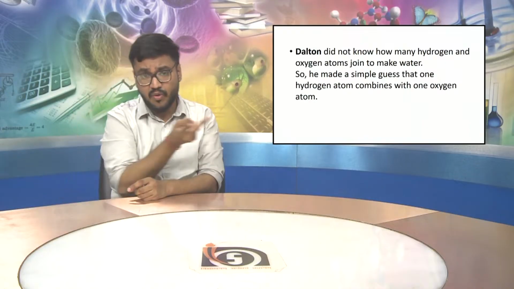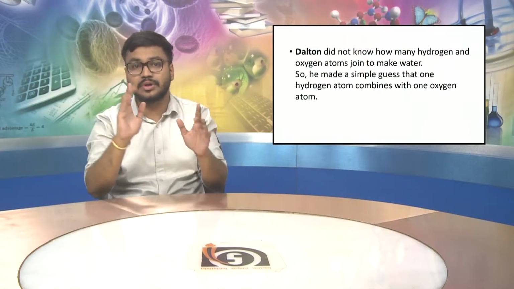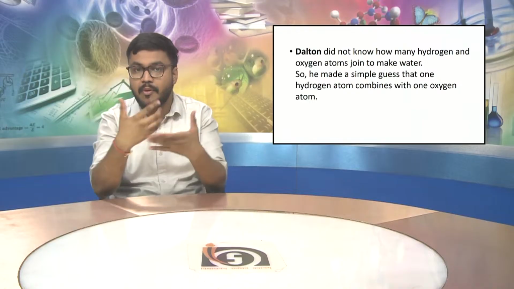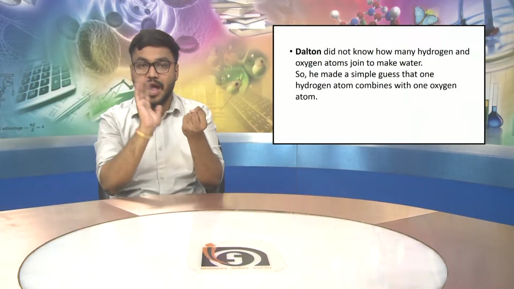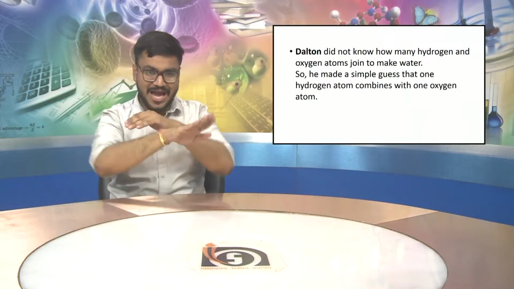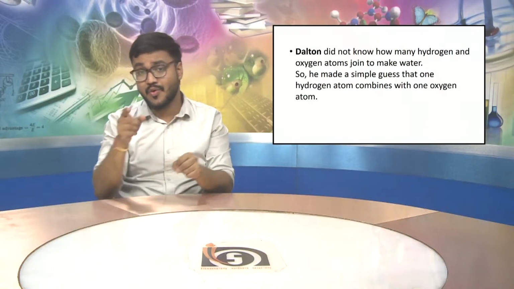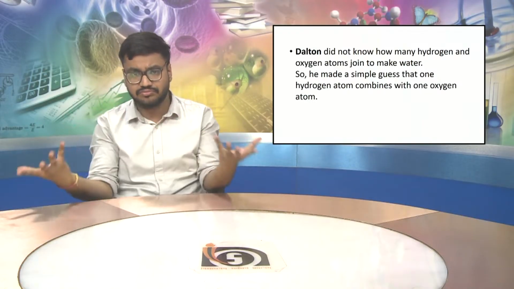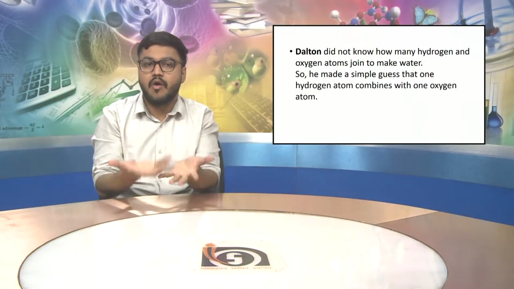Dalton did not know how many hydrogen and oxygen atoms join to make water. So he made a simple guess that one hydrogen atom combines with one oxygen atom.